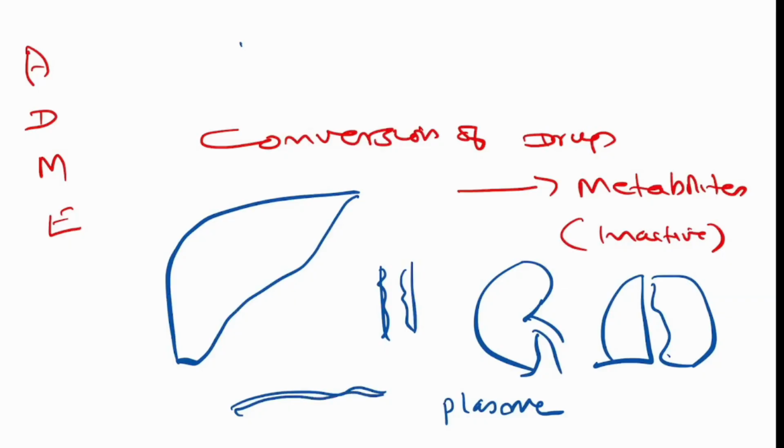So the major site is liver, the gut wall, kidney, lungs, skin, and plasma also play a major role.